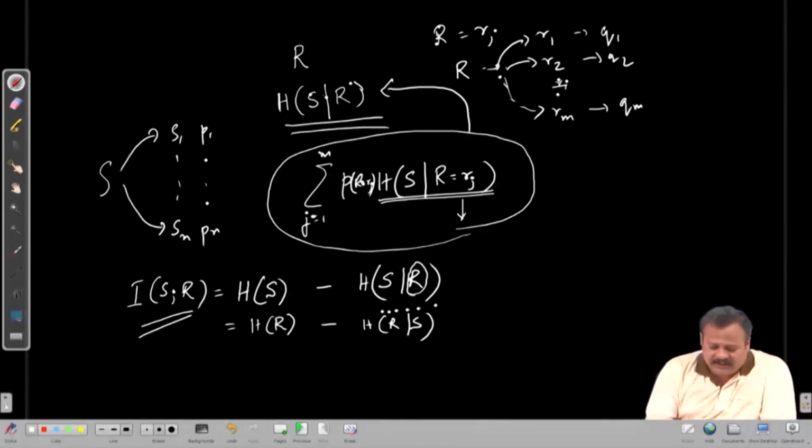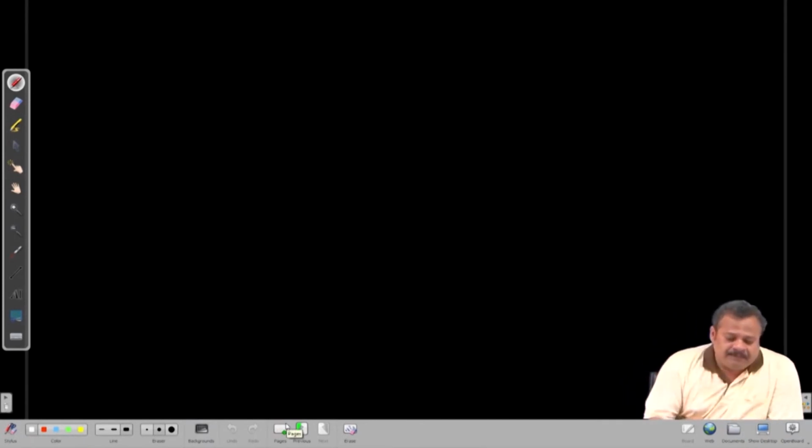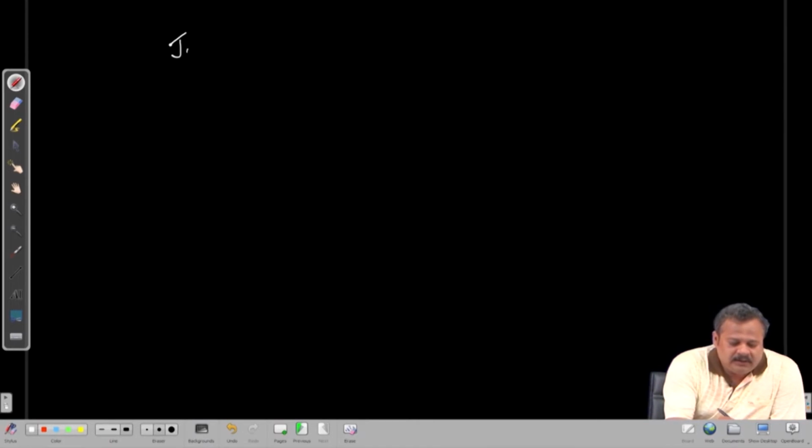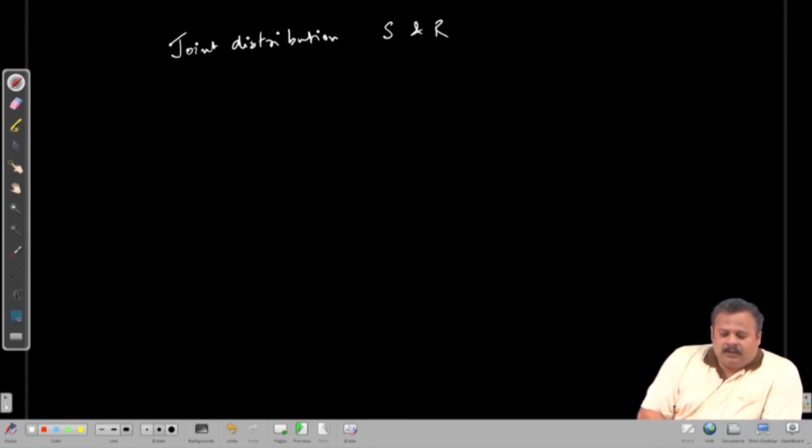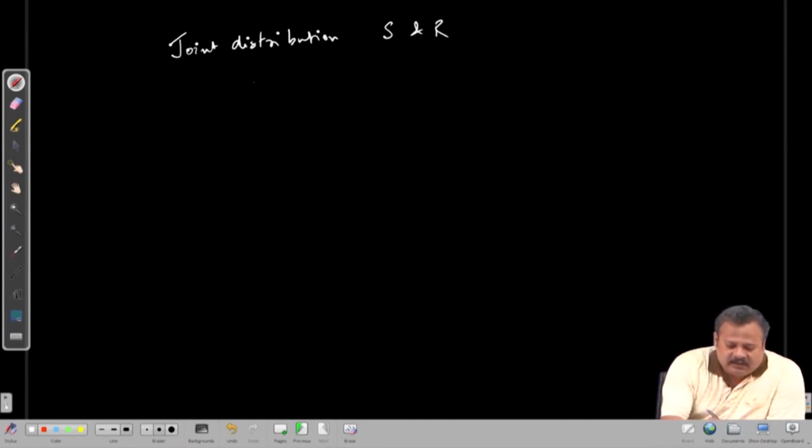In order to understand this a little more, we have to think of the joint distribution of the two random variables, in this case S and R. Let us take a toy example.